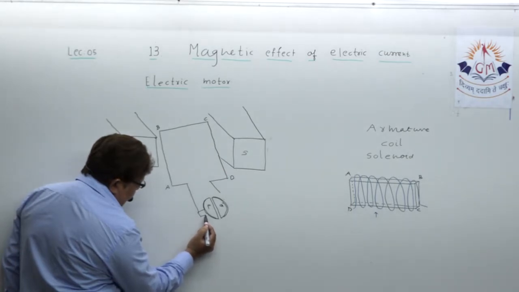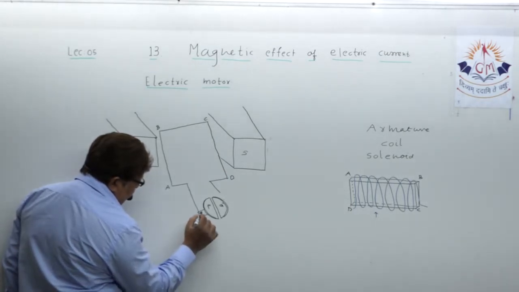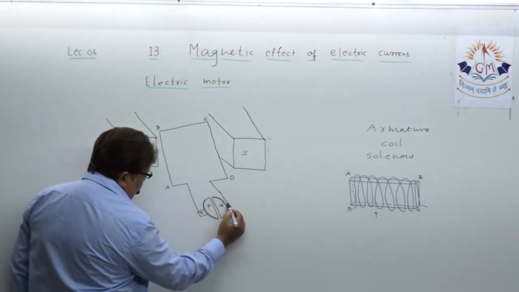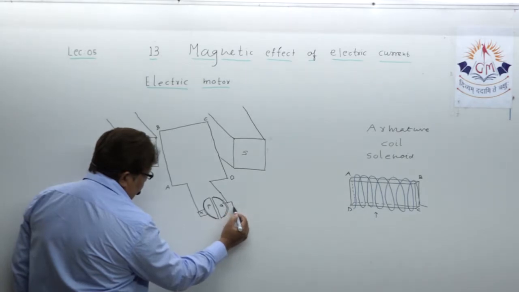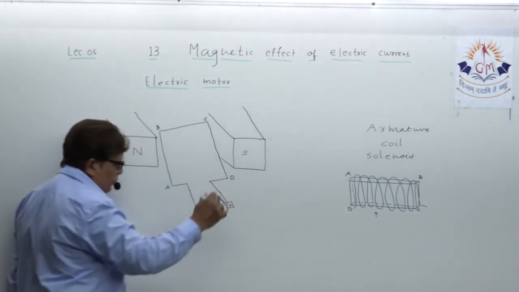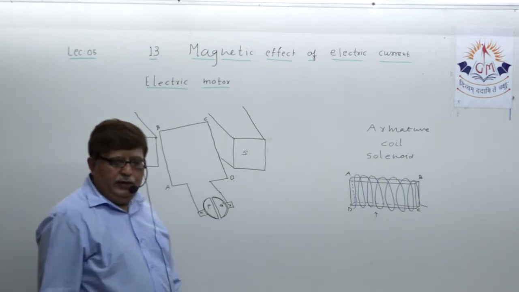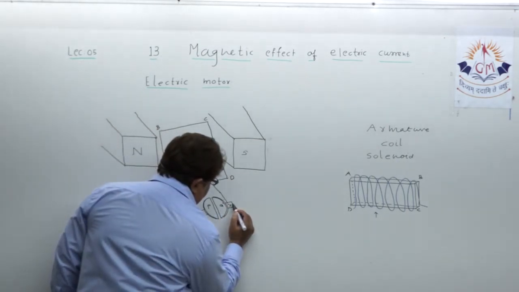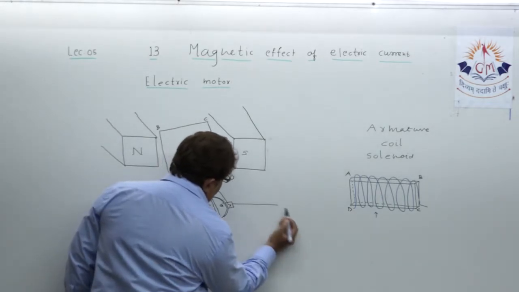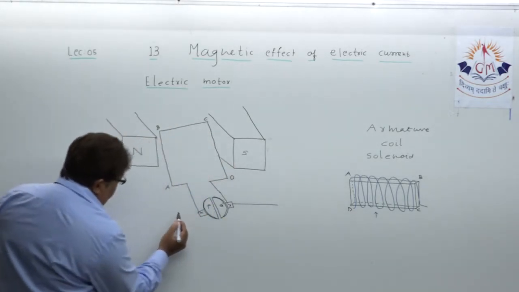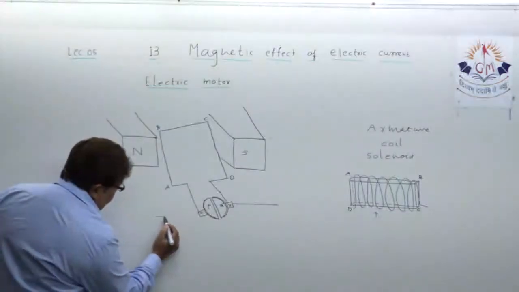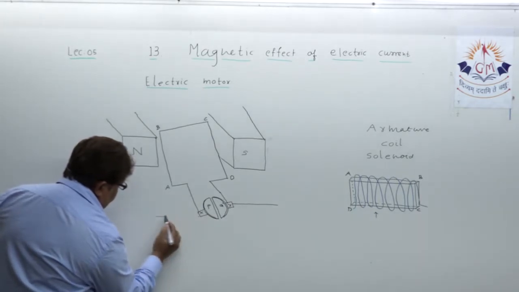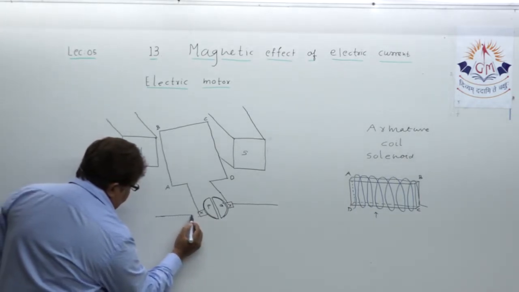I am showing the two carbon brushes here, X, one carbon brush here, Y. Okay, connected with the carbon brush, and this carbon brush remains in contact with the external electric supply, through which constant supply of electric current is realized.